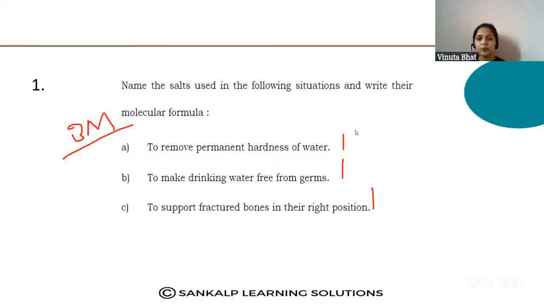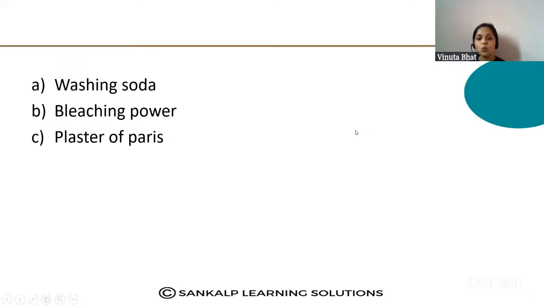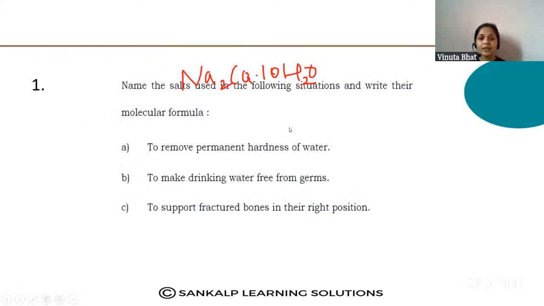Here, to remove the permanent hardness of the water, washing soda is used. What is the formula of the washing soda? Na2CO3.10H2O. Then bleaching powder is used to make the drinking water free from germs. Calcium oxychloride, CaOCl2.